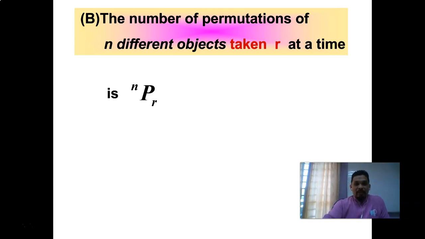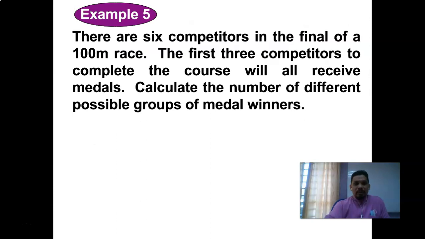Now, nPr means that from the number of letters, numbers or persons, we take only a few of them. Example: there are 6 competitors in the final of a 100-meter race.